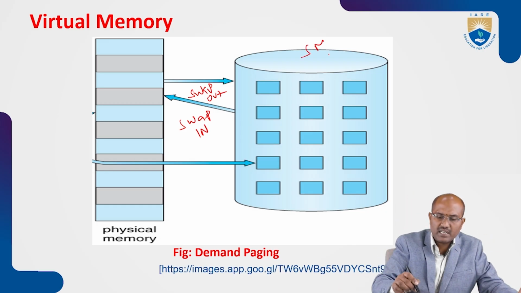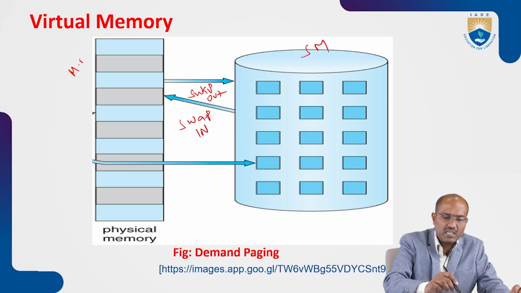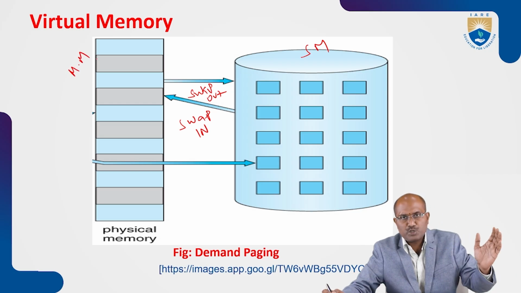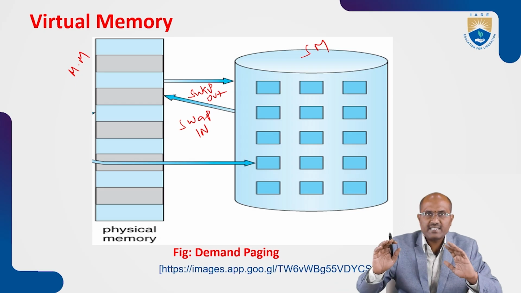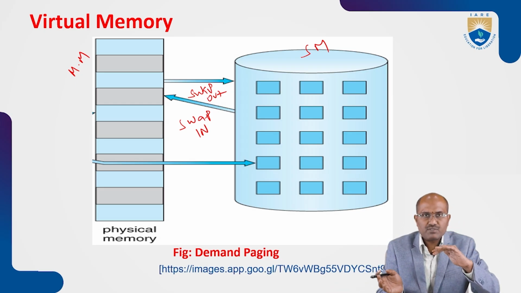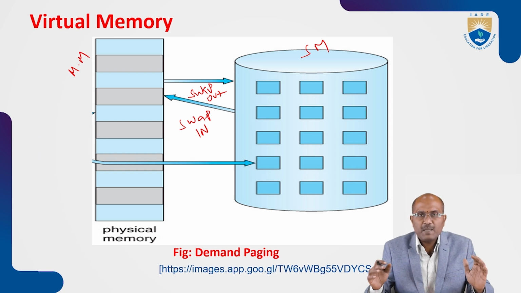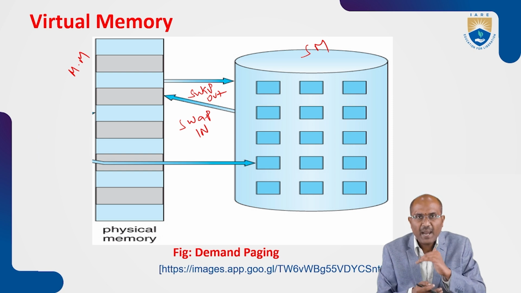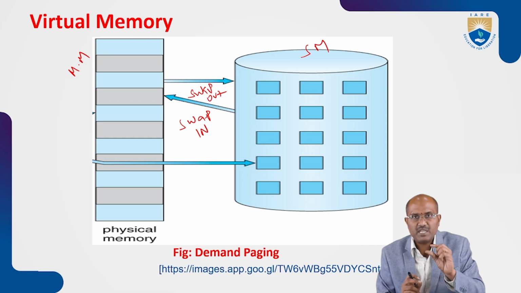This rectangular shape shows the main memory or physical memory on the left side, and the right side shows the secondary memory. If a page is required, swap out and swap in take place. Virtual memory is performed completely through the demand paging technique. The technique behind virtual memory is demand paging.